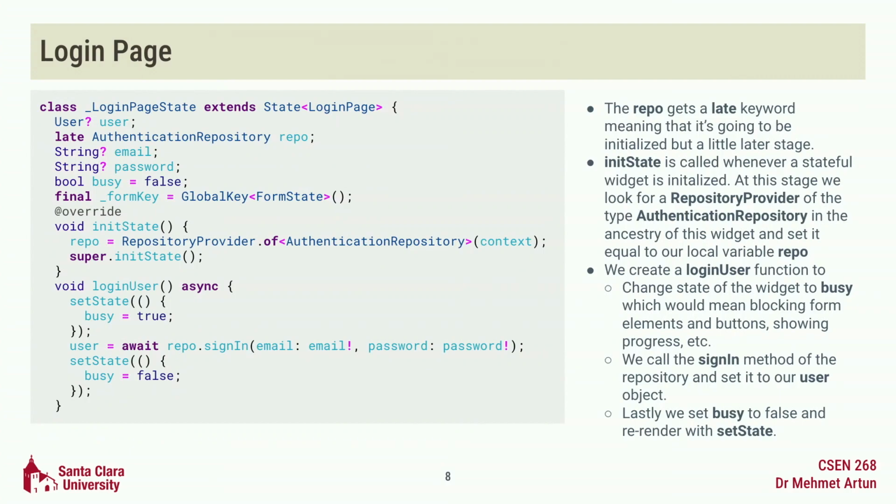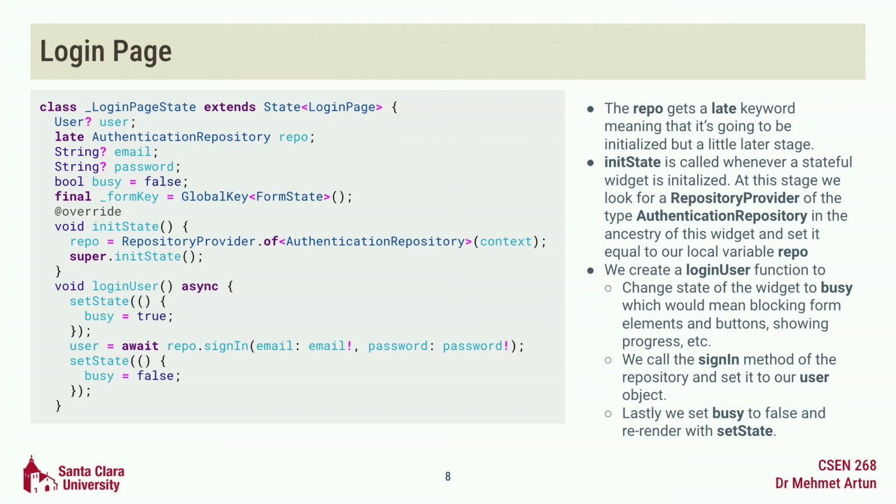So this is how I get it. If I open up these two, the overridden init state method and the login user method. So the init state method, this is where I'm filling the repo. And the syntax of filling it is basically you're looking at the context and you're looking for a repository provider of type authentication repository. So basically these angled brackets here mean that I'm looking for a repository provider of the type authentication repository in the context above, right?